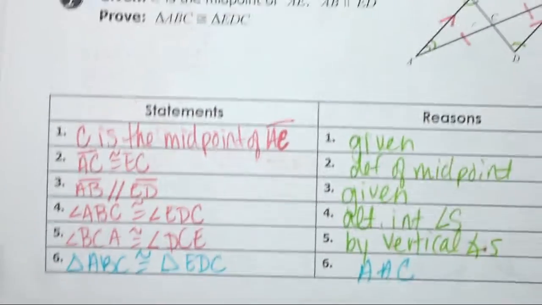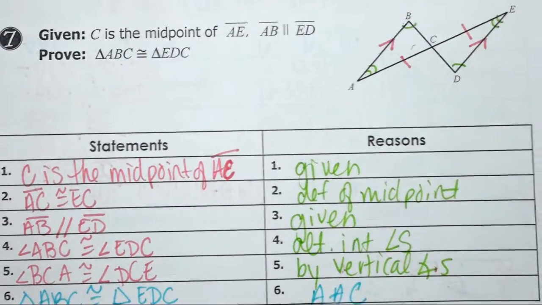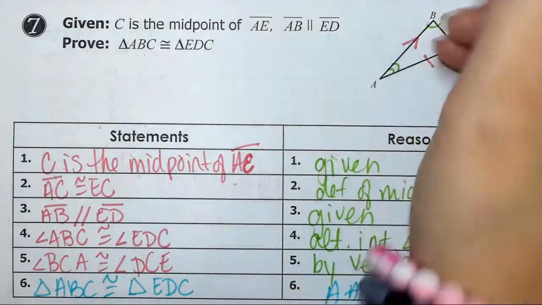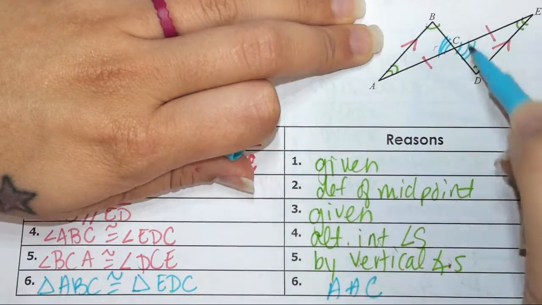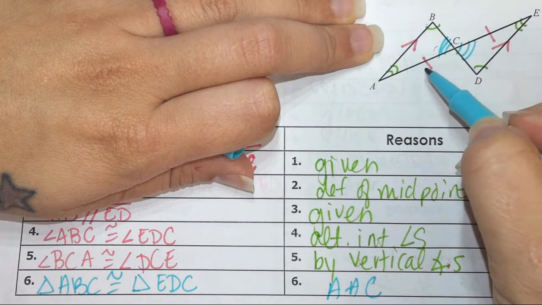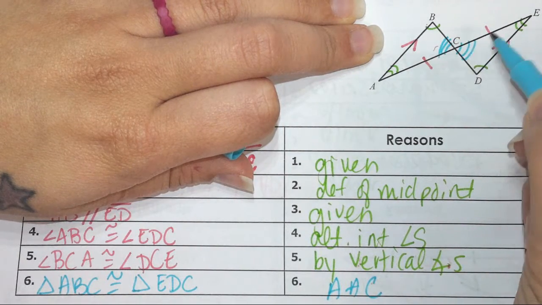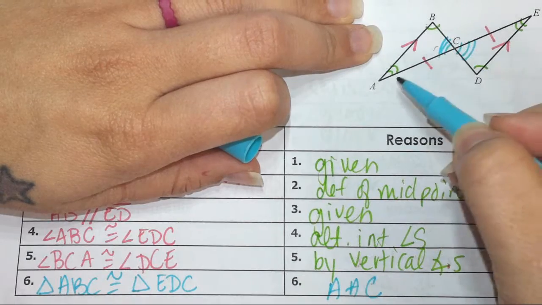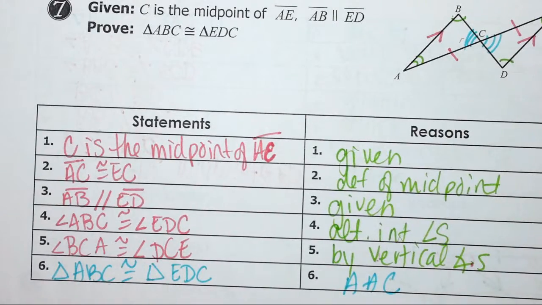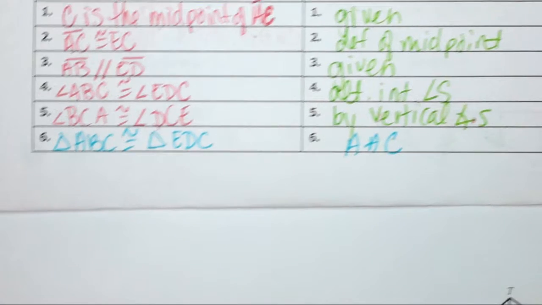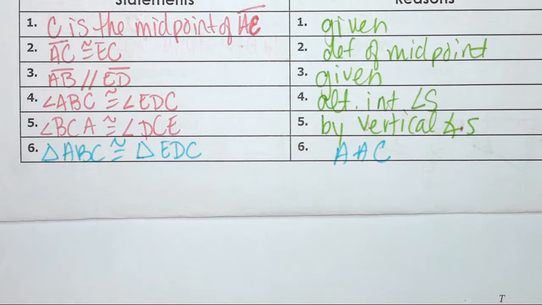Do you want me to move it down so you can see the picture? We used vertical angles, so we said angle, angle, side. Angle, angle, side. But you could also say angle, angle, side, right? So there's multiple ways to do this one. Now, you and your group do number 8. I'm going to move it up. Is that better? Sorry.